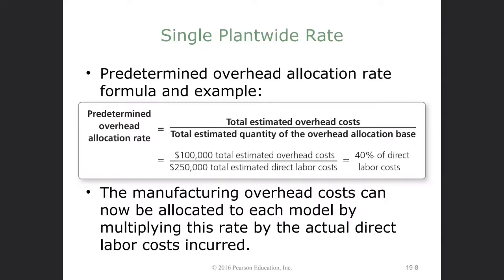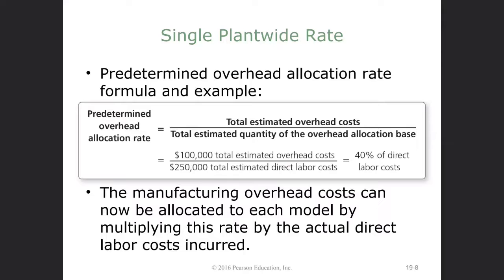In this example, we have our total estimated overhead cost of $100,000 and our total estimated direct labor cost was $250,000. So we're going to take that $100,000 divided by $250,000, and that's going to give us 40% of our direct labor cost.